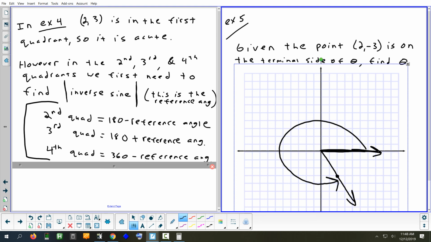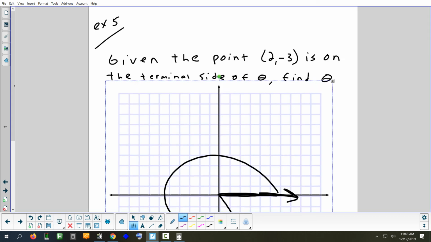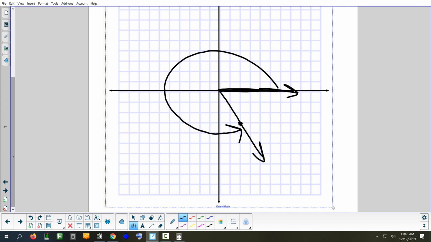So I want to make that bigger. Let's make a triangle out of it. The height of that triangle is how long? 3. The base? 2. It's the same triangle we've done, just flipped into a different quadrant. What's the hypotenuse? Square root of 13.